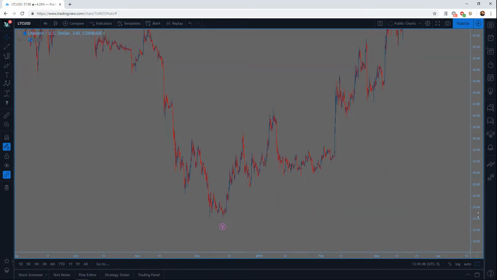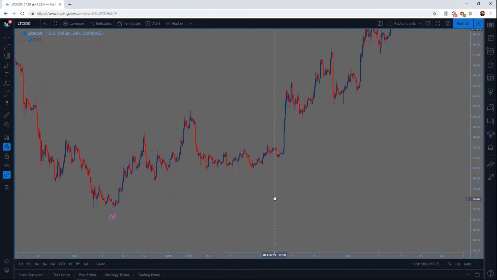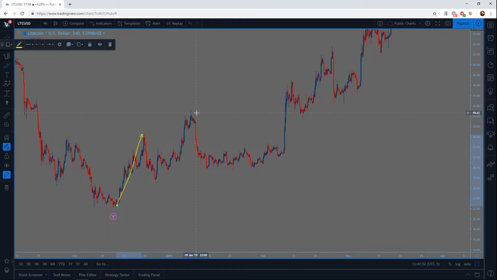So here, we had a move up. And then we had this. To me, this is a flat corrective pattern. This is a base behind it.